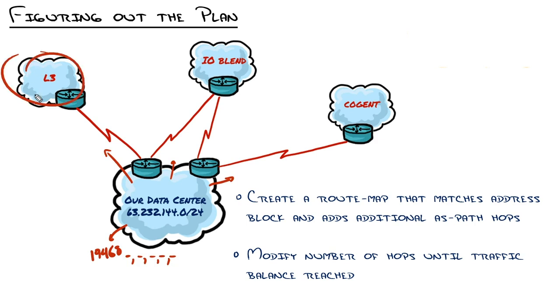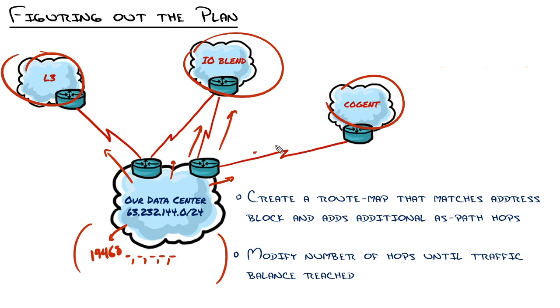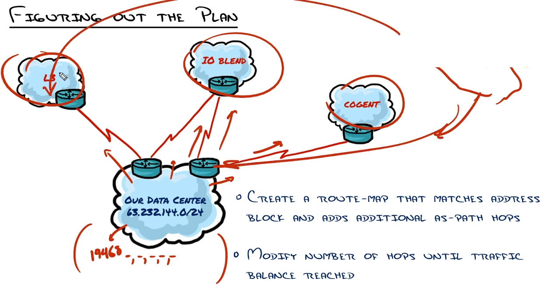So maybe you have a higher bandwidth connection through Level 3 than these other 2 carriers. The rest of the world doesn't know that. They just know they see your route however they got it. So you might stamp your autonomous system 5, 6, 20 times onto these other carriers to try to influence the other systems of the world to say, wow, that's a really long AS path. If I go this way, I'm going to prefer the shorter way, which is this.